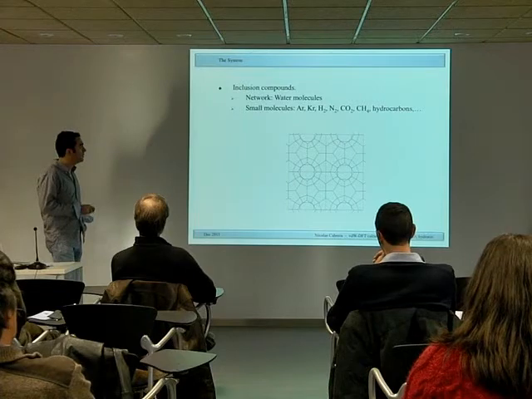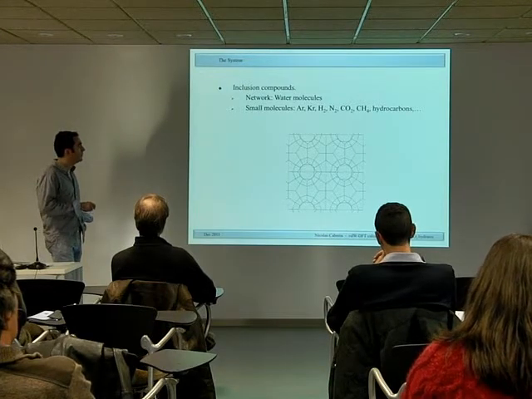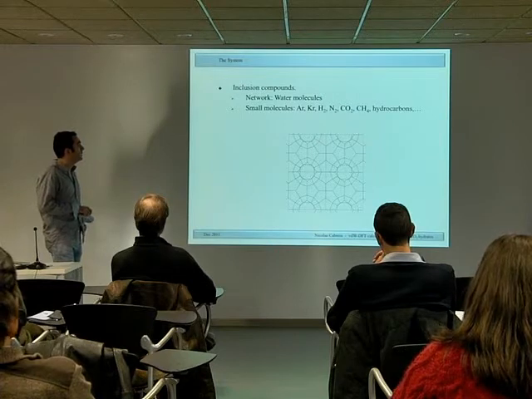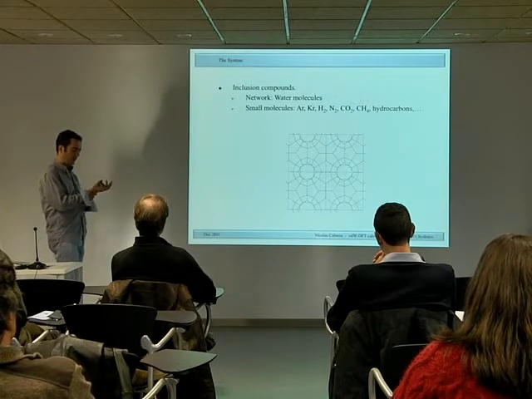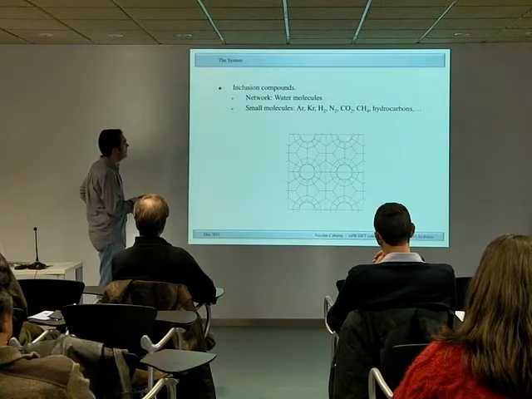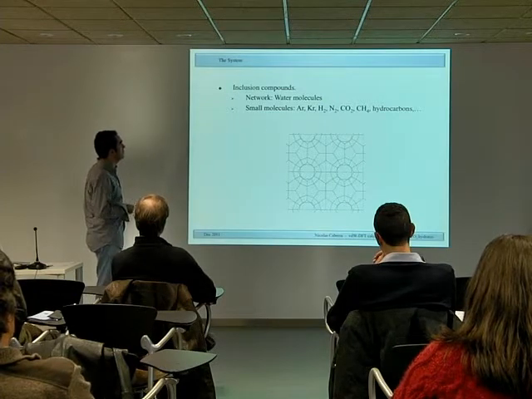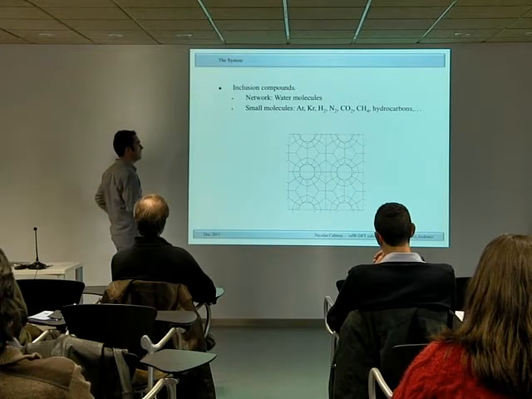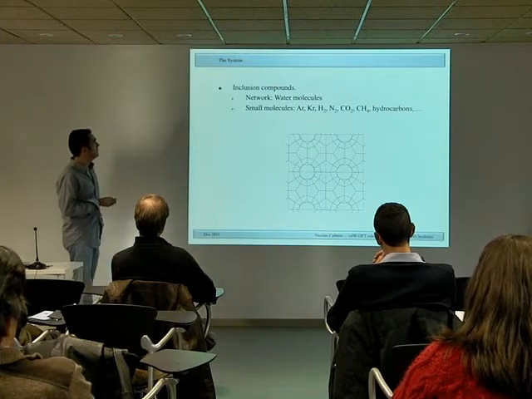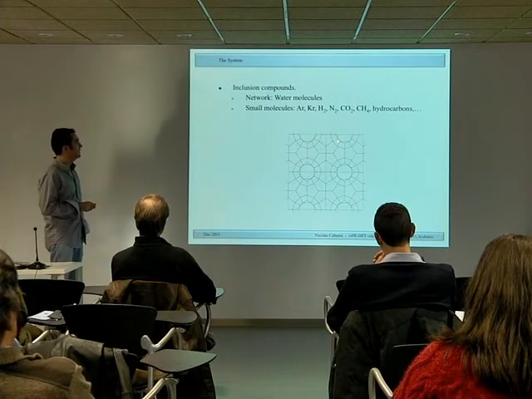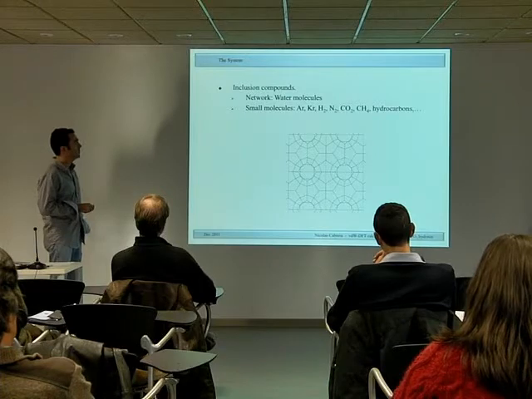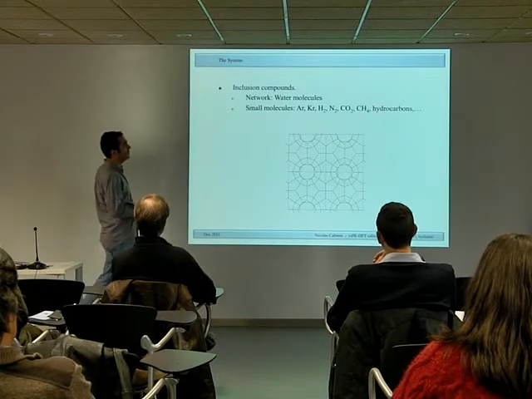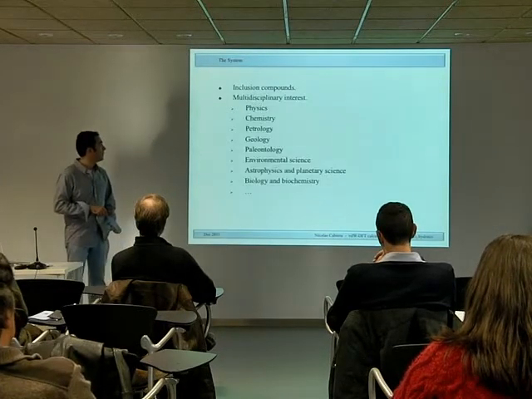The H bonds articulate a long-range order and build the unit cell. The structure is stabilized by van der Waals forces between the water molecules and small molecules which are absorbed inside the cavities of the structure. These molecules are noble gases, molecular gases, diatomic molecules, and sometimes bigger hydrocarbons.